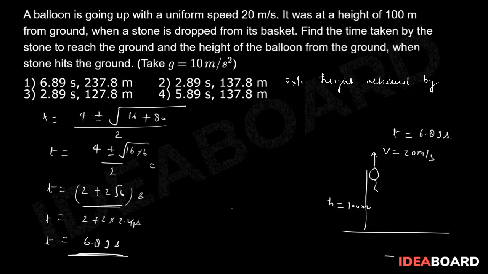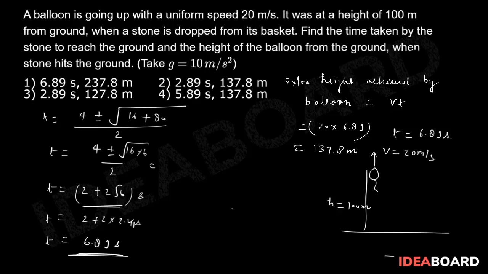This extra height achieved by the balloon is equal to v into t, where v is 20 and t is 6.89. So this is going to be 137.8 meter, right?